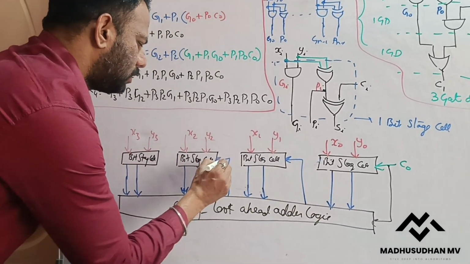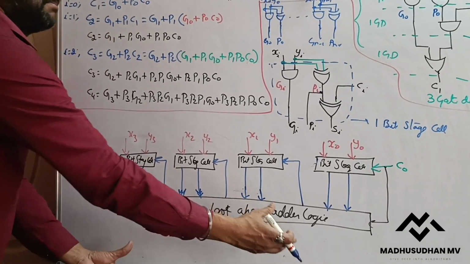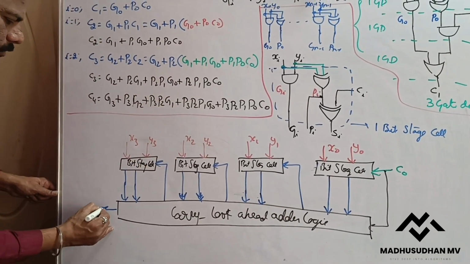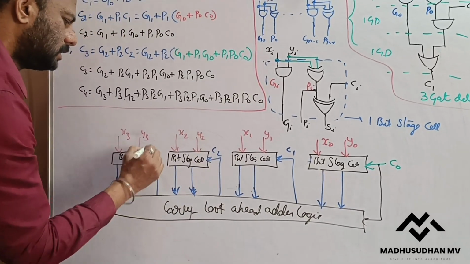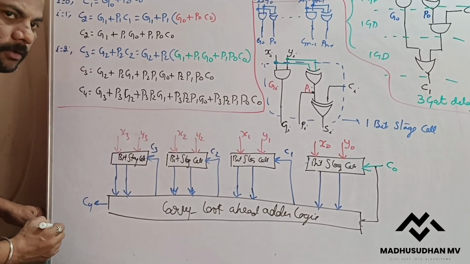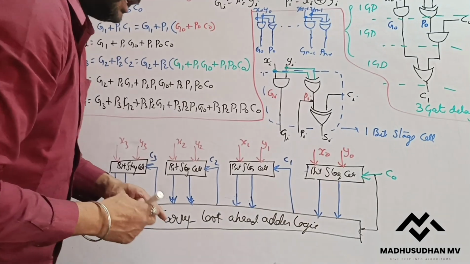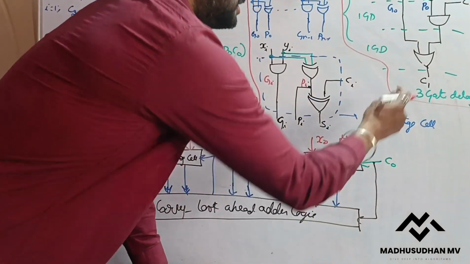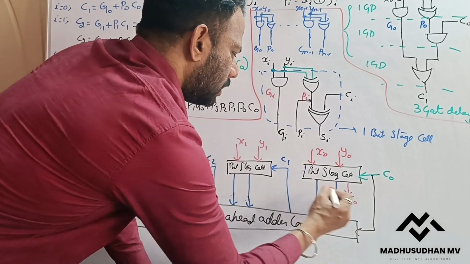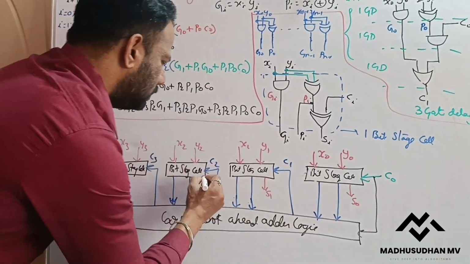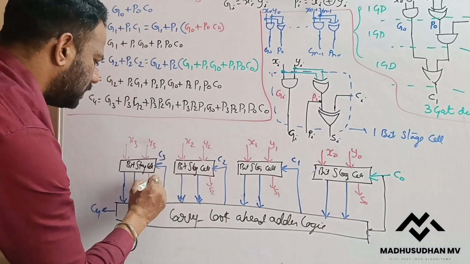I can generate all the stages in parallel. So this is my C1, this is C2, this is C3, this is C4. Now each bit generates one sum bit. So this is my S0, S1, S2, S3.